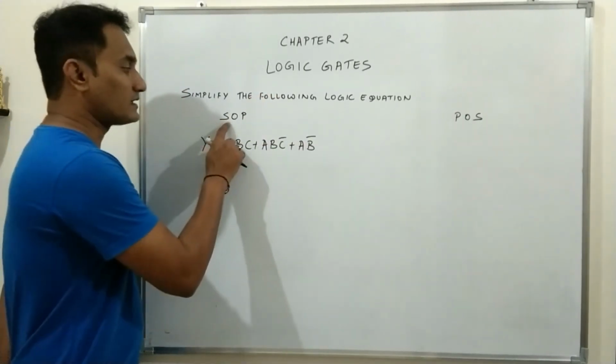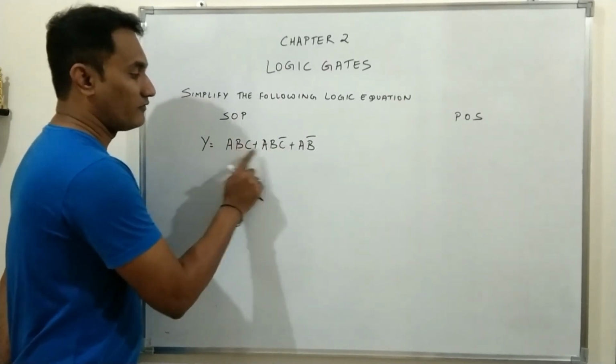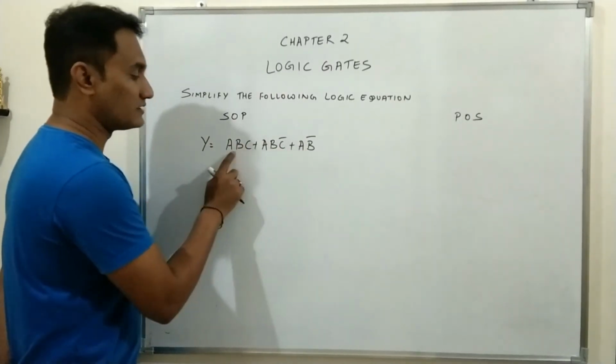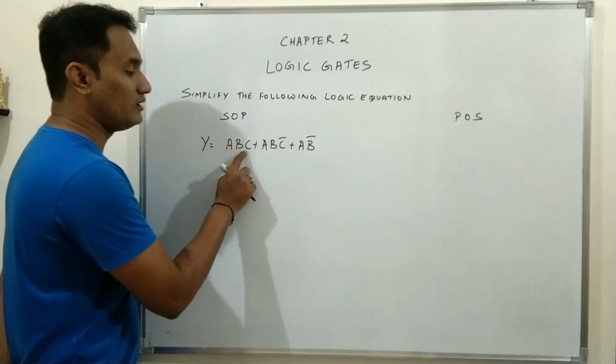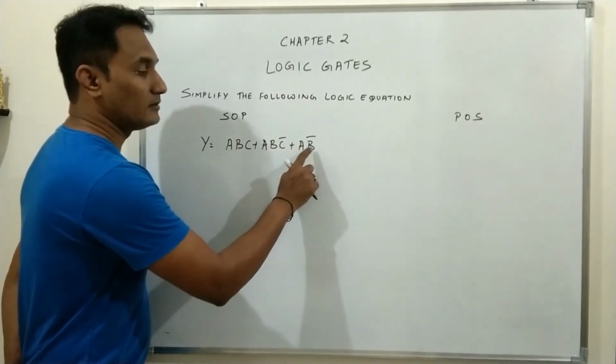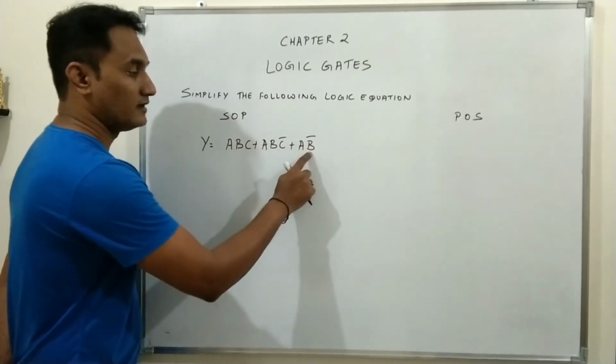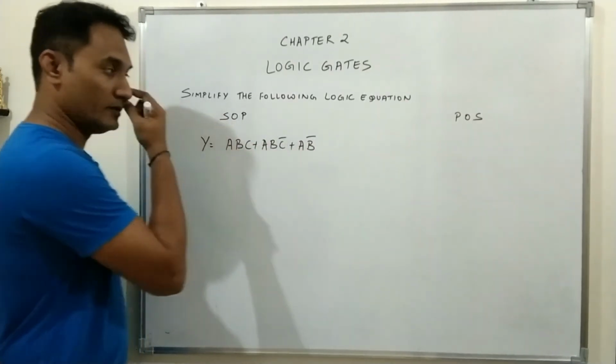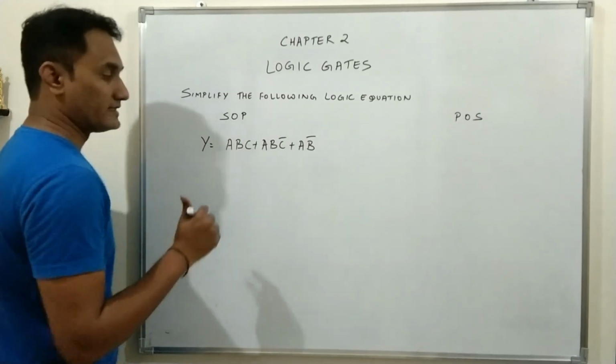So this is called sum of product. These are products, A dot B dot C, A dot B dot C bar, plus A dot B bar, and the sum of these products is this type of example.